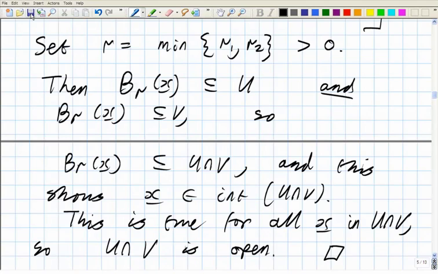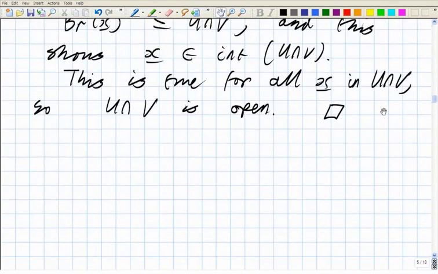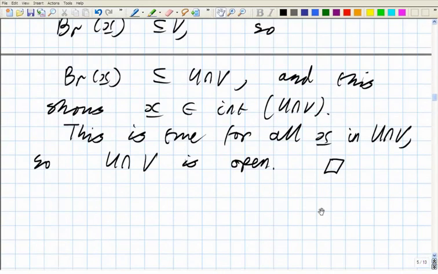Answer, take the smaller of the two values, and that will guarantee that you stay inside both. Any questions about that proof? As I say, if you do come up with any questions, you're welcome to drop it on office hours, send me an email, whatever.